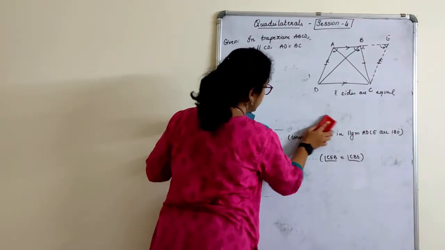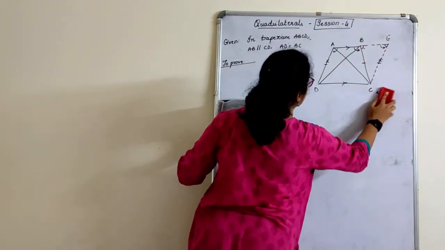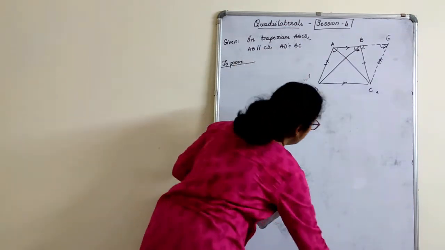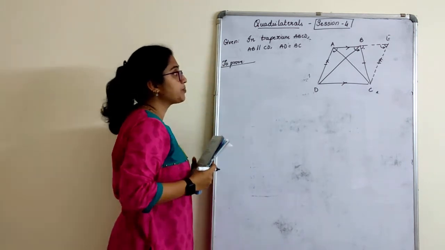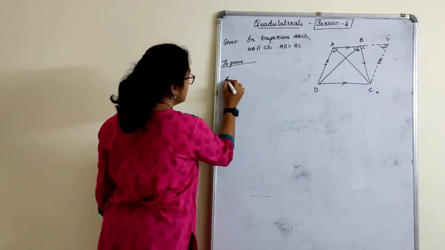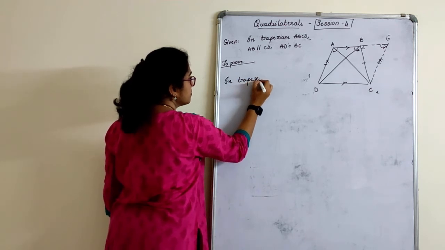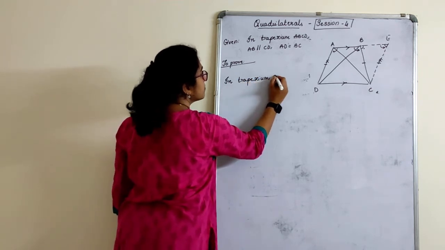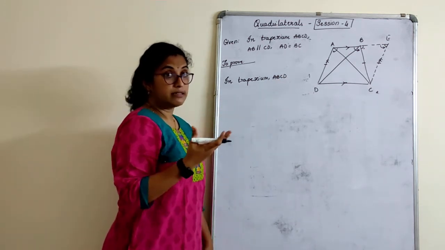Let us prove the next side, next angles which are equal now. What we have to prove? Another base angle, that is angle C is equal to angle D. Now I will say that in trapezium ABCD, consecutive angles of non-parallel sides are supplementary.